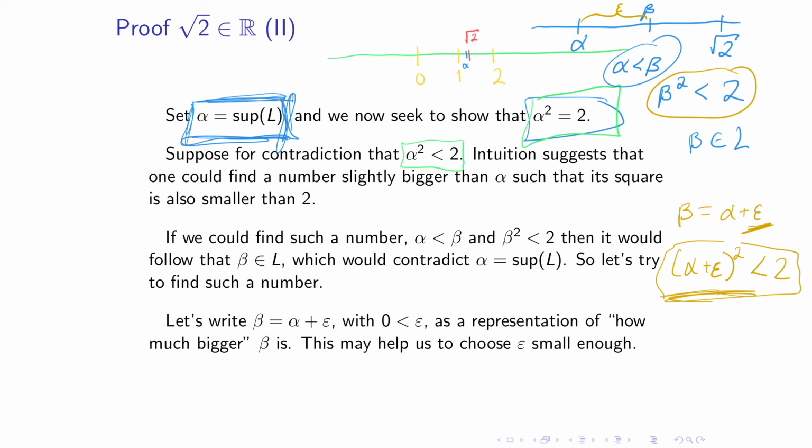And maybe that's an easier question to answer, and that's why I'm making this particular move. So we are going to write that the hunt is on to find a value epsilon such that alpha plus epsilon squared is less than 2.